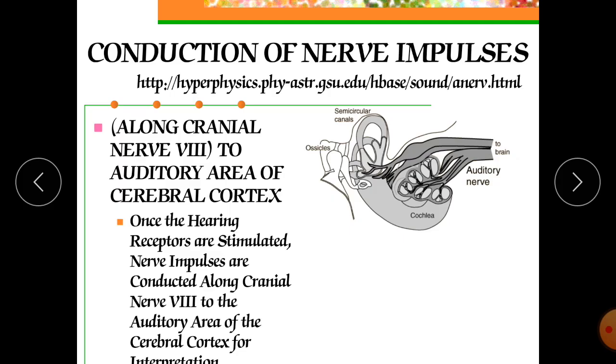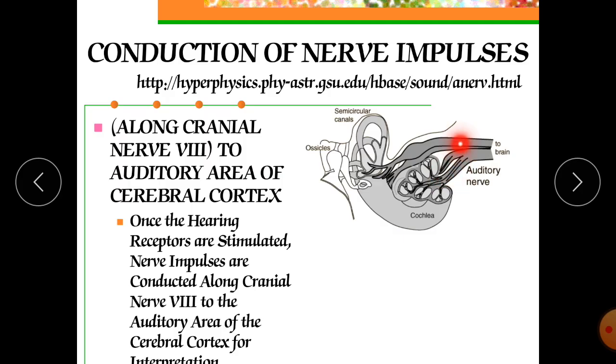Now, conduction of nerve impulses along cranial nerve number 8 to the auditory area of the cerebral cortex. Once the hearing receptors are stimulated, the nerve impulses are conducted along cranial nerve 8 to the auditory area of the cerebral cortex. So this is the nerve responsible for your hearing process, the auditory nerve.